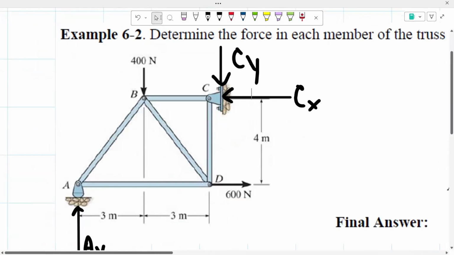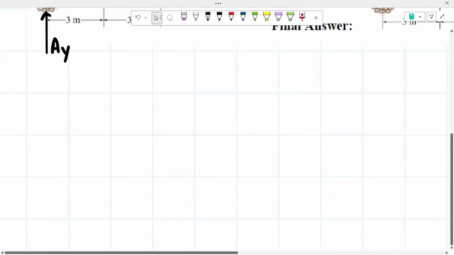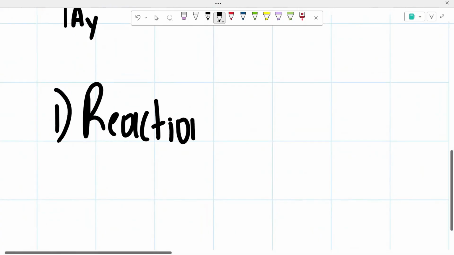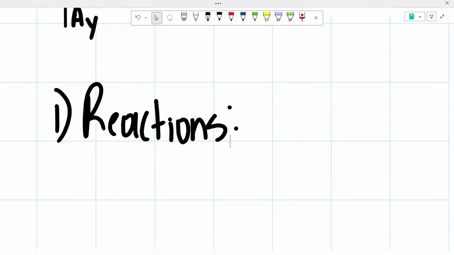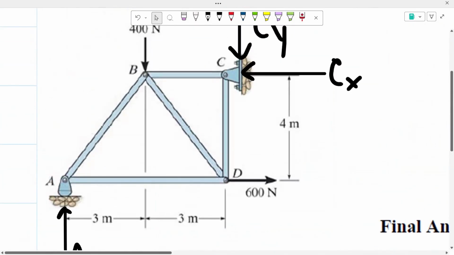So now that we have that, the next step would be determining the values of those reactions. The first thing I'm going to do is take the sum of the forces in the x direction, so that we can determine the value of our reaction C of x.